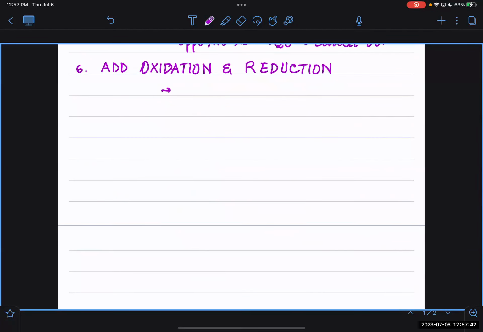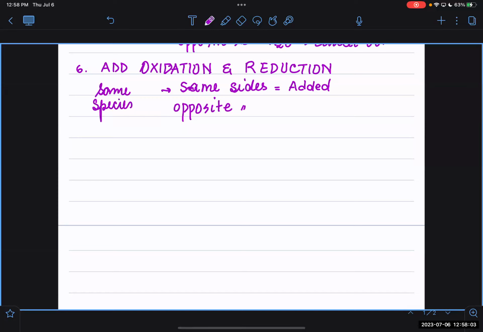The same sides are added, but opposite sides are subtracted. Opposite sides means they cancel out. So for the same species, if they are on the same side, they will be added, but if they're on opposite sides, they will be canceled. And then you just add.